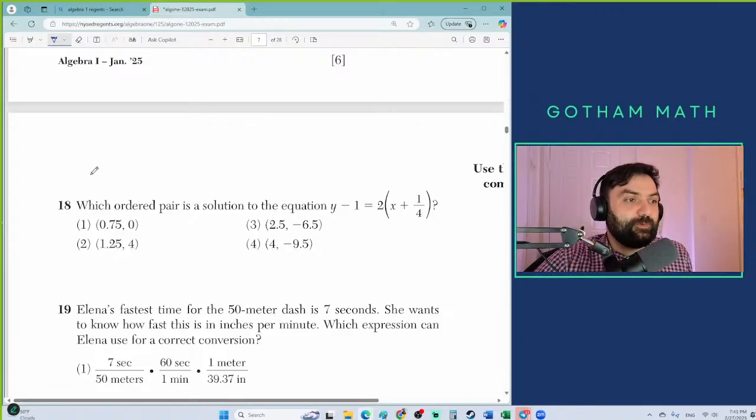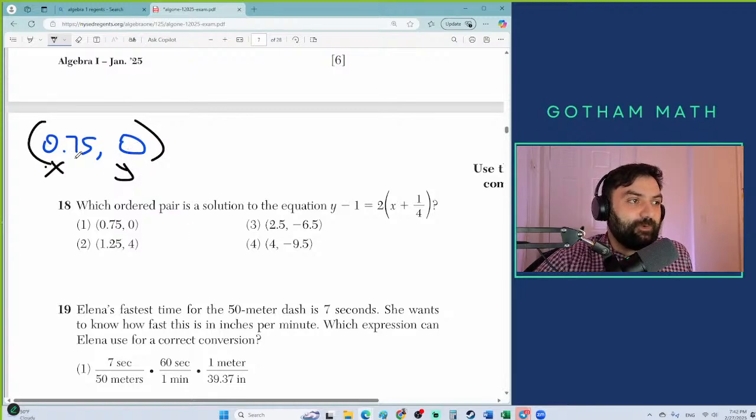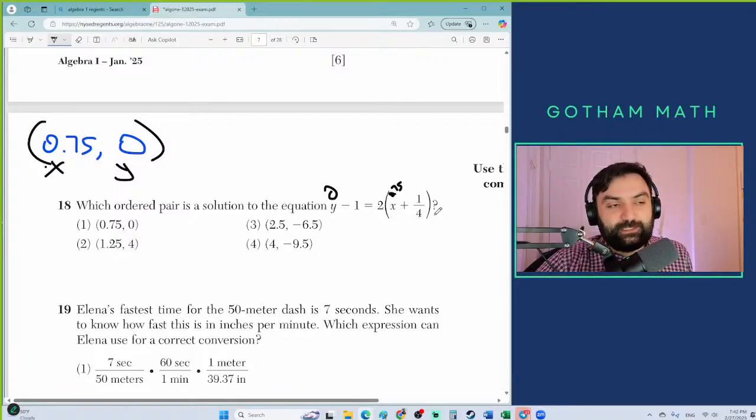We have to take number 1, which is 0.75 and 0, label them as x and y, and plug in 0 for y and 0.75 for x, and see if the left side will equal the right side. If it does, that's our answer. If it doesn't, we move on and look at the next one.